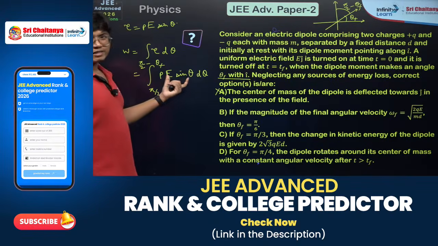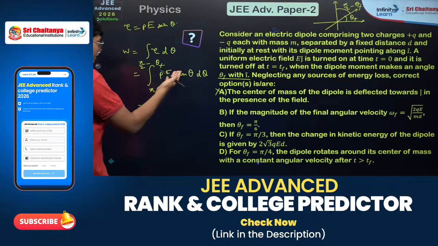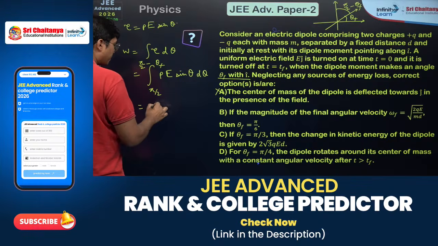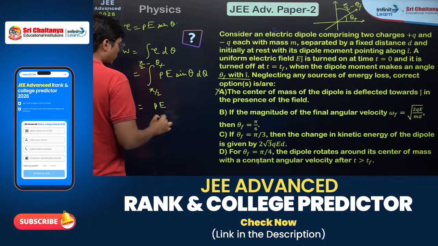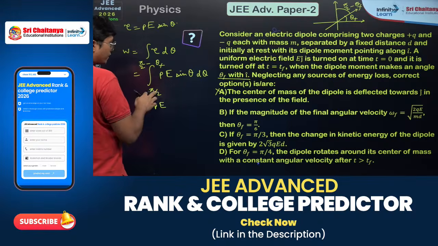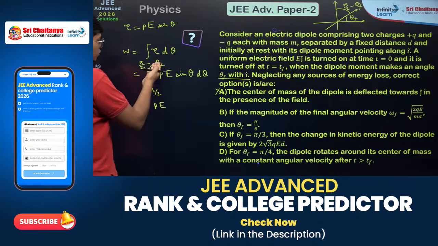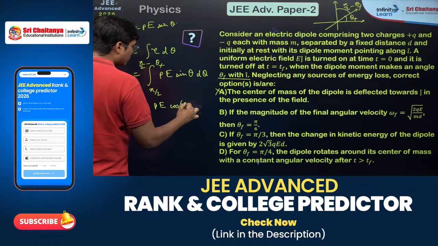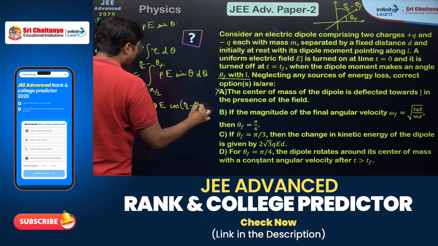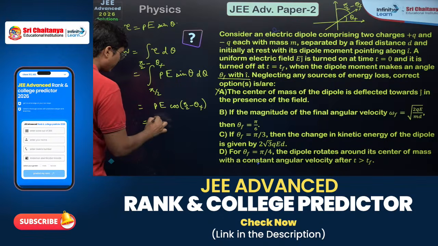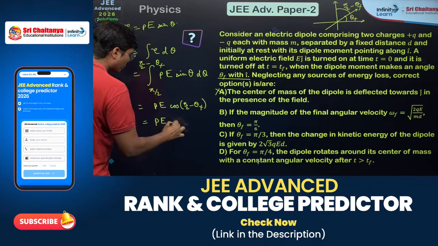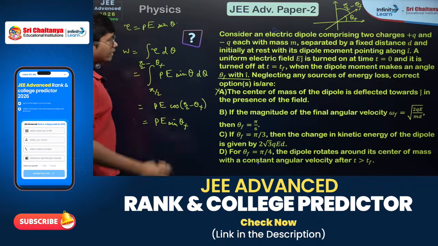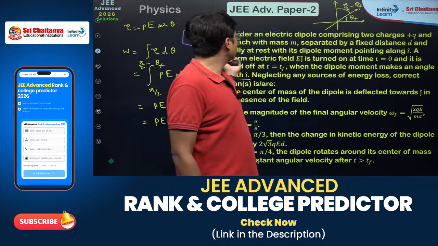Okay? Over here, then you just do the integration. You'll get minus PE cos theta. So you can put PE, and if you put the limits, pi by 2 is going to go 0. Cos of pi by 2 minus theta f is left, which is just PE sin theta f. P, by the way, is charge multiplied with the distance between them.